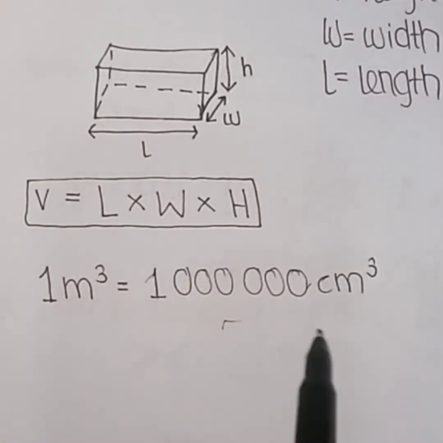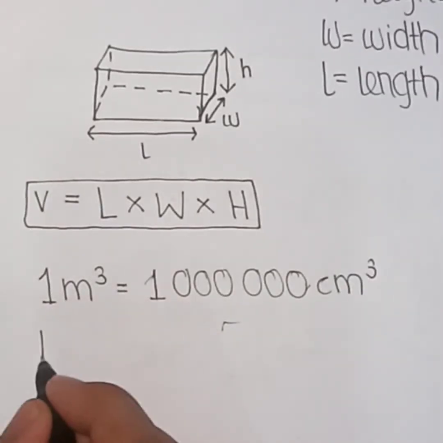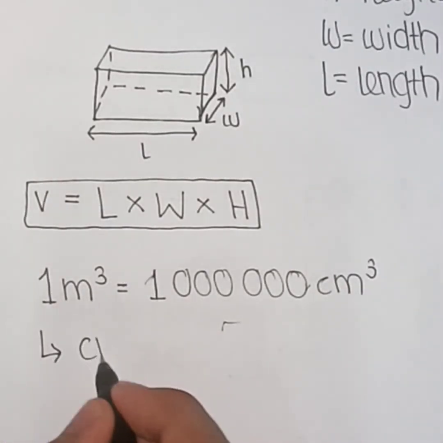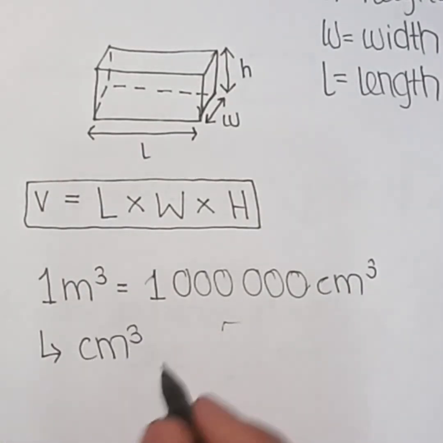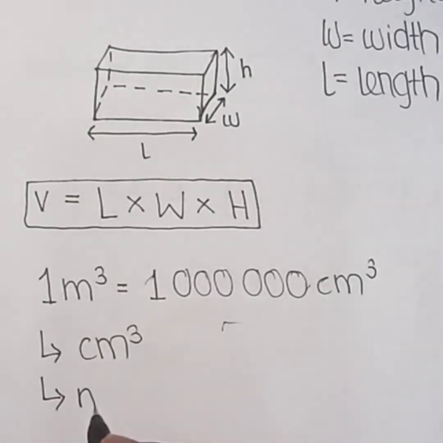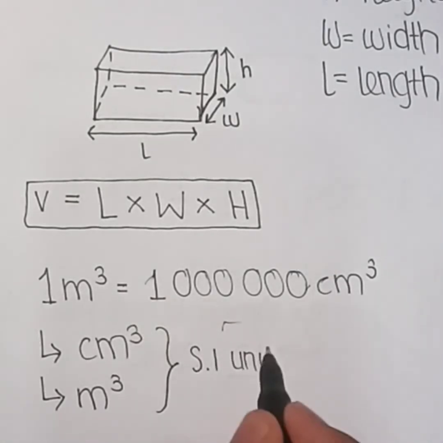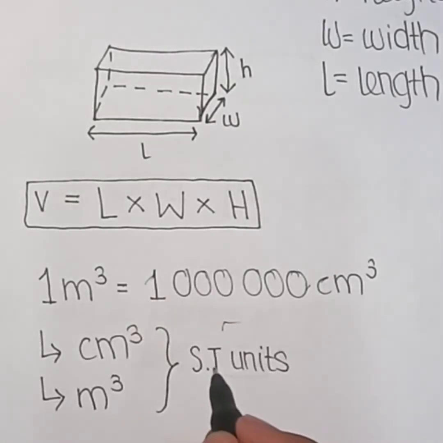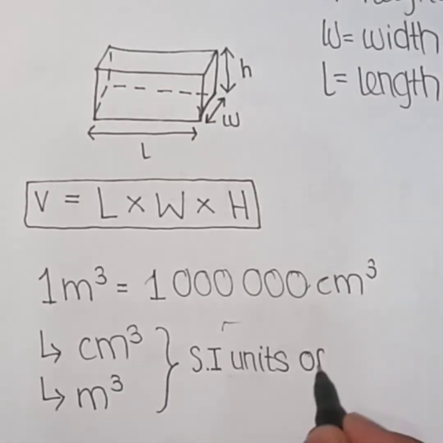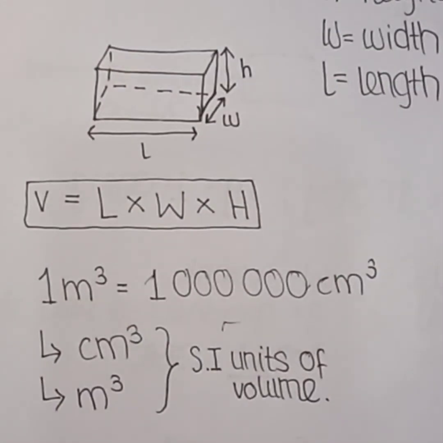This you also need to memorize, and by this you can understand that centimeter cube and meter cube are both the SI units of volume. I hope everything is clear to you.